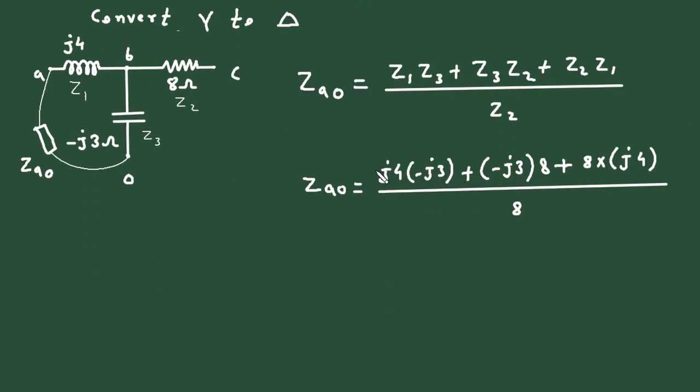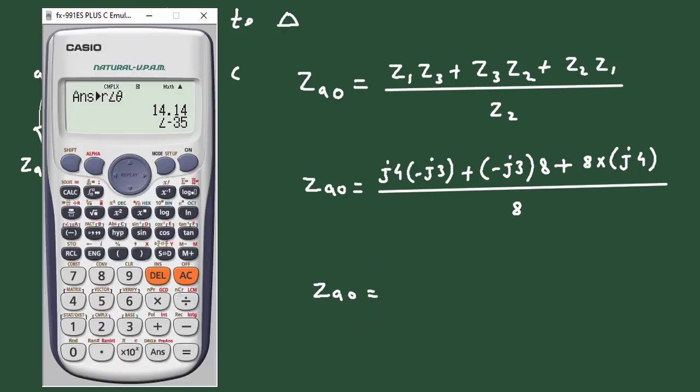Now for all the parts of this, ZAO, ZOC and ZCA, the numerator will remain same. So let's simplify this in the calculator directly. ZAO will be equal to, we have to take the calculator in complex mode.